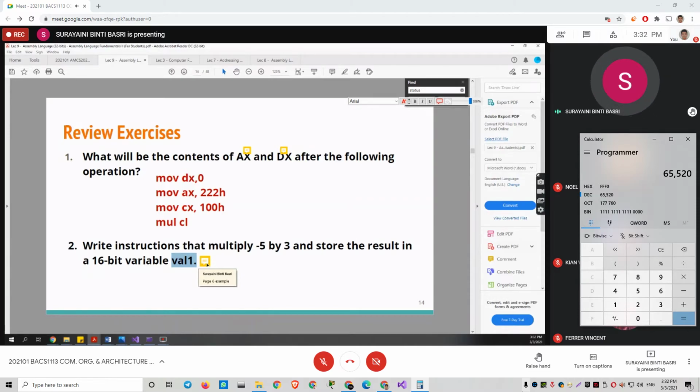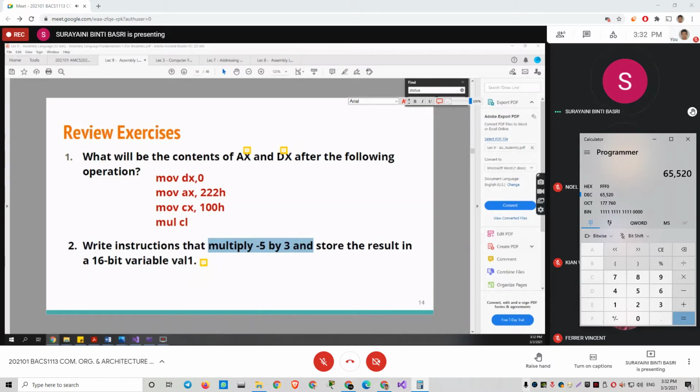You can follow the example in page 6 of this lecture. Okay, so tomorrow you tell me or show me how you do this multiplication. Okay, guys?